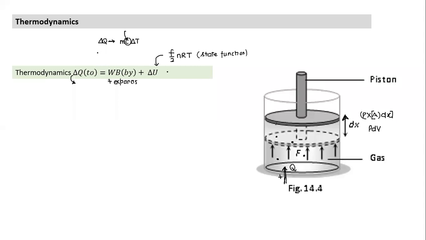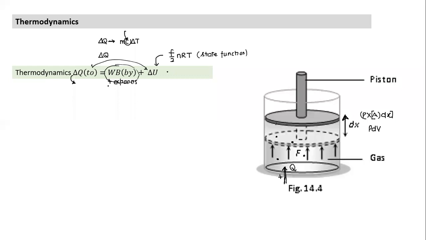But when we talk about gas, how is heat related to change in temperature? Here, heat related to temperature is not a constant relationship. In the solid case, there's no work done, but in the case of gas work is also being done. So this relationship between these two will also depend on the work being done. As the temperature changes, during this process of change in temperature, how much work is being done?